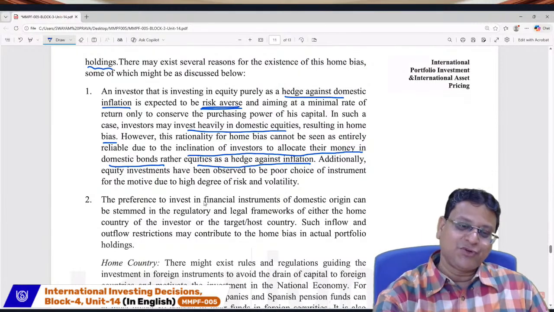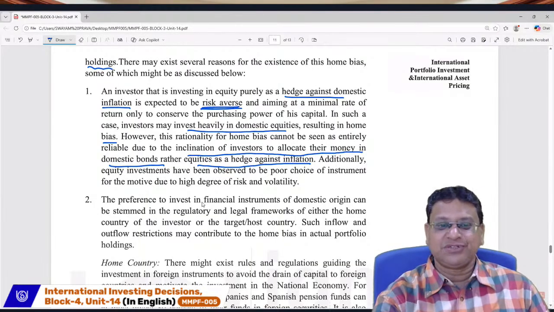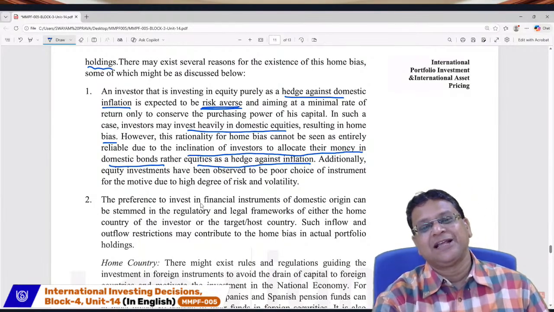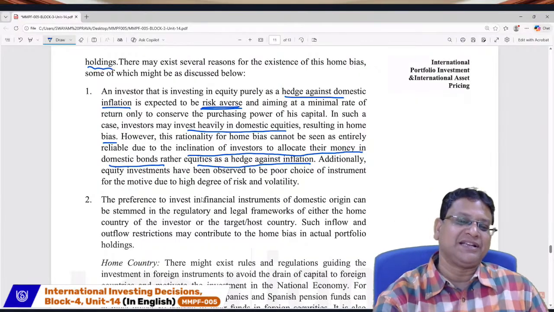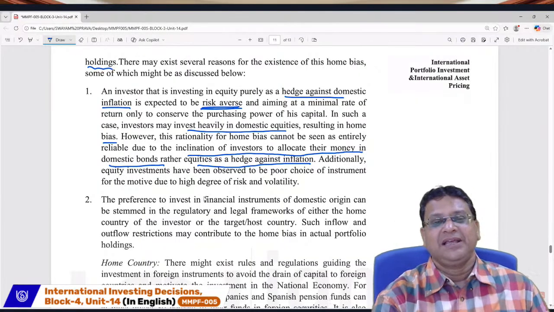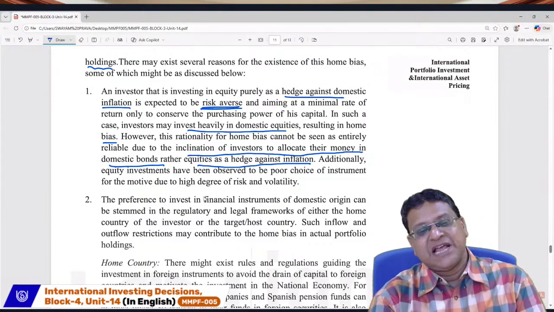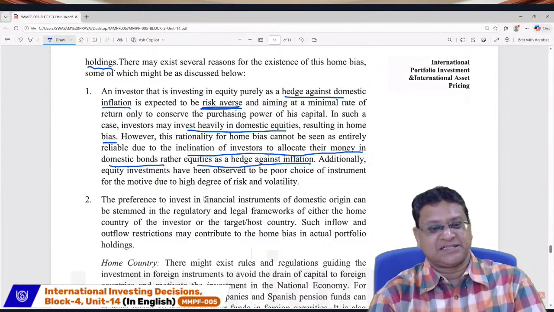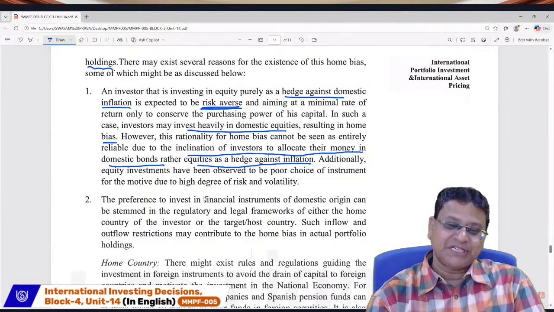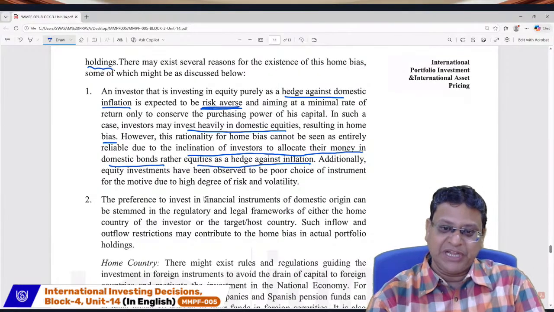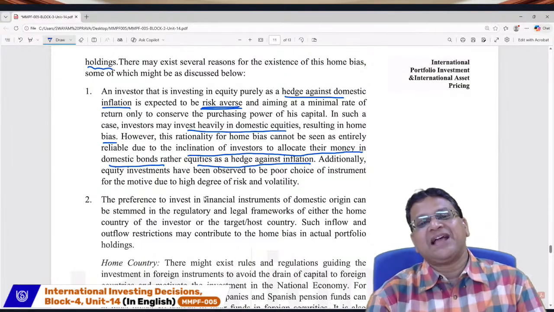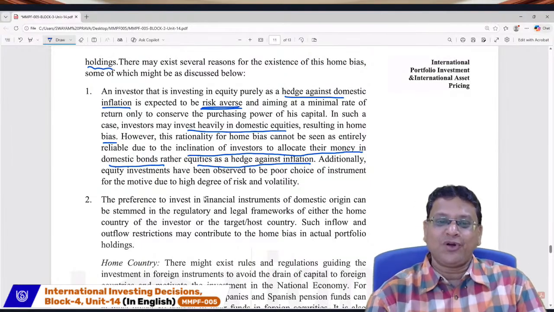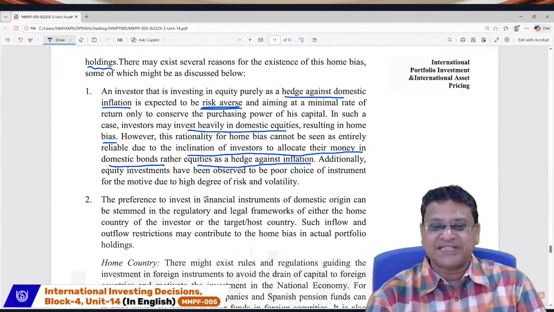They do not want to reduce their country specific risk by taking another risk that is known as exchange rate risk. We know that the foreign investments are subject to exchange rate risk. Most of our domestic investors invest in equities to hedge against inflation, and they are risk averse in nature. They do not want to take much more risk.